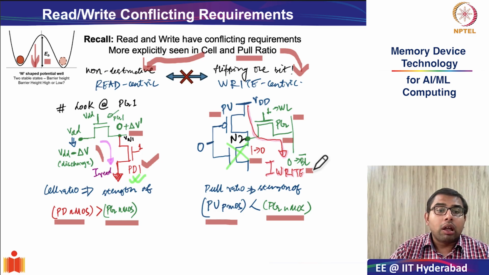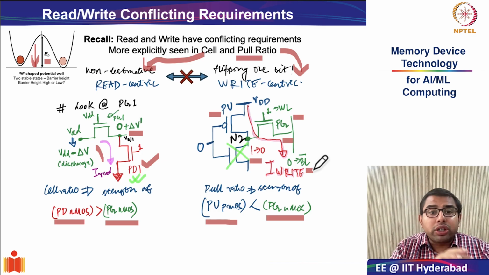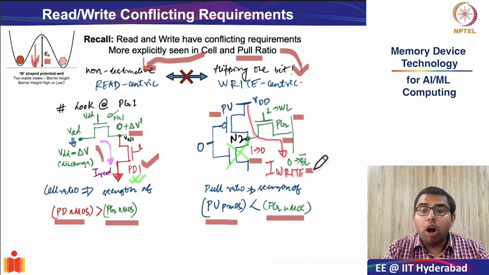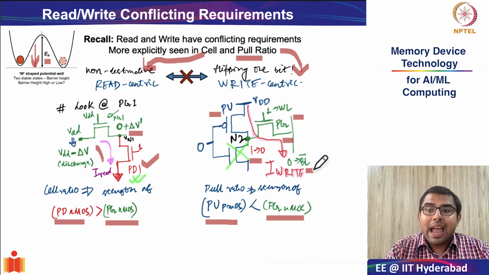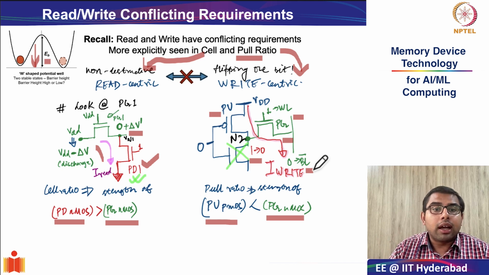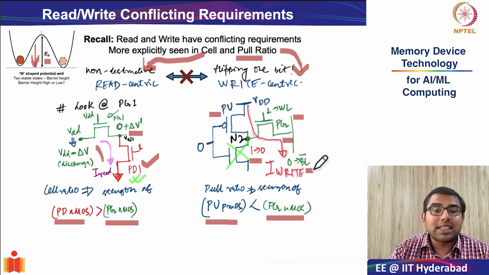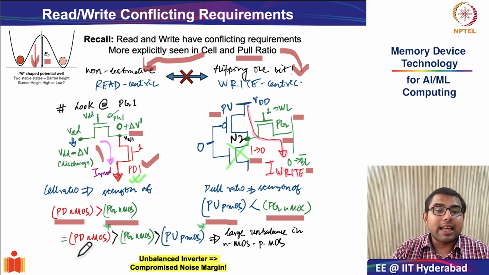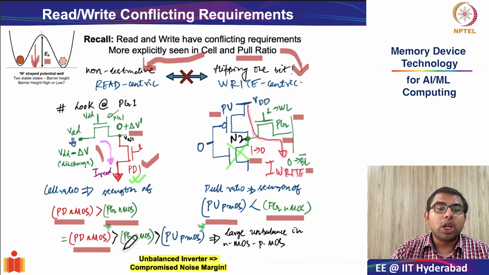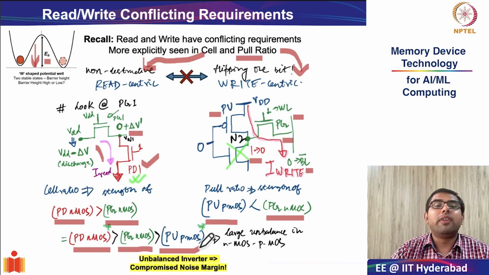Okay. Now, when we put the requirements for cell ratio and pull ratio together, the transistor sizing requirements show that the strength of the PD NMOS should be greater than that of the PG NMOS, which should be greater than the pull-up PMOS.